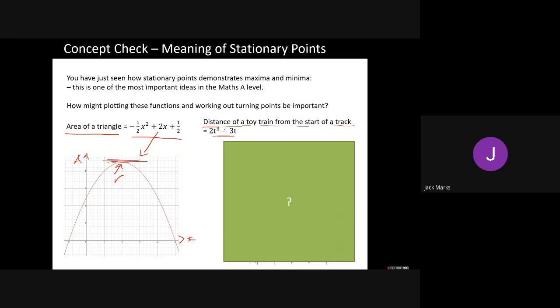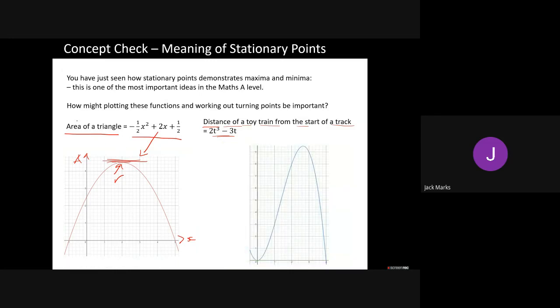How about this one here? Well, if we draw this one, it's a cubic, and this is the distance. I'm going to put d for distance this time and call this t. This is the distance from the start. Well, the maximum is here. And what is true at the maximum is dy dx is equal to 0.